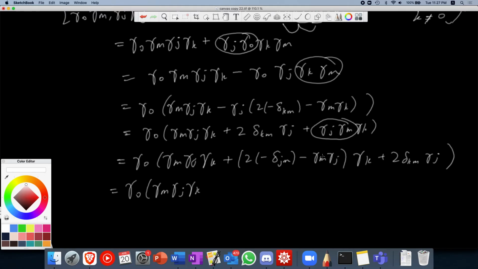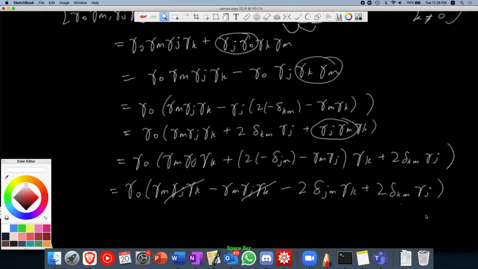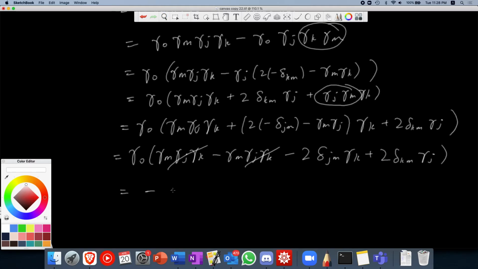Realize that this is actually minus gamma m gamma j gamma k. These two cancel nicely, and then what are we left with? We're left with minus 2 delta jm gamma k, plus 2 delta km delta j. Then now here we have minus, so now we have 2.